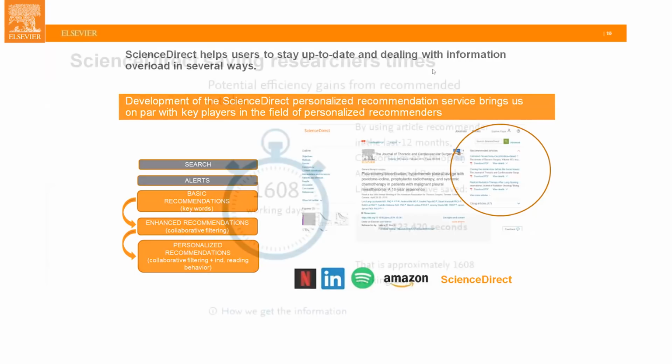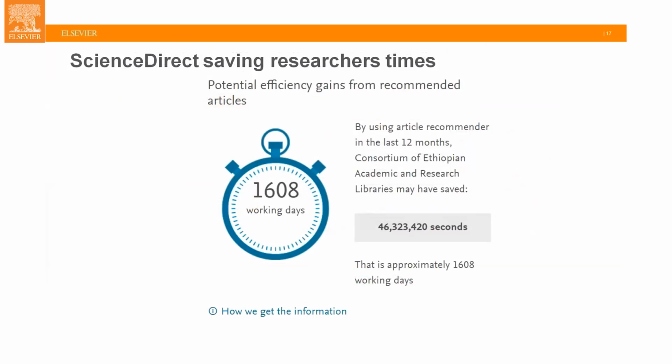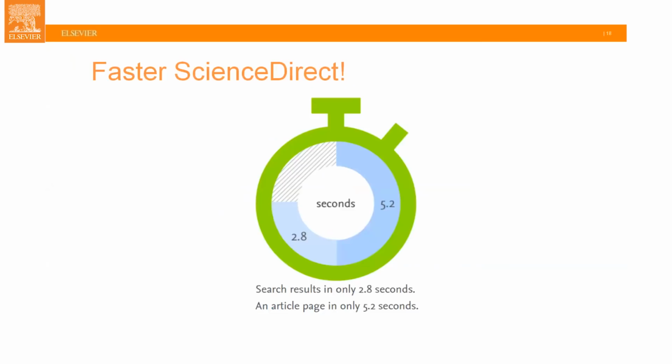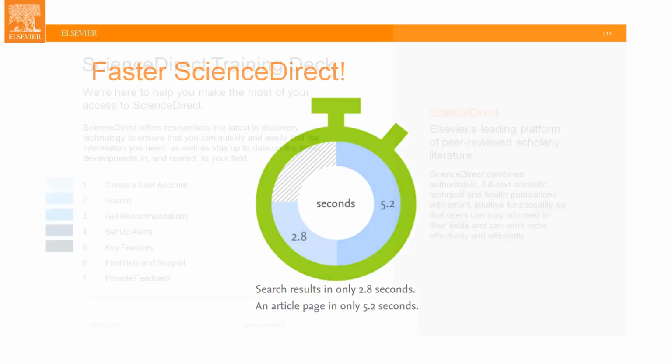Some analytics were done by Elsevier for the Consortium of Ethiopian Academic and Research Libraries, and it was found that over 1,000 working days were saved just by using ScienceDirect recommendations. This is a lot of working days. ScienceDirect is also very fast. On average, you can find your search results in 2.8 seconds. So it really saves time.